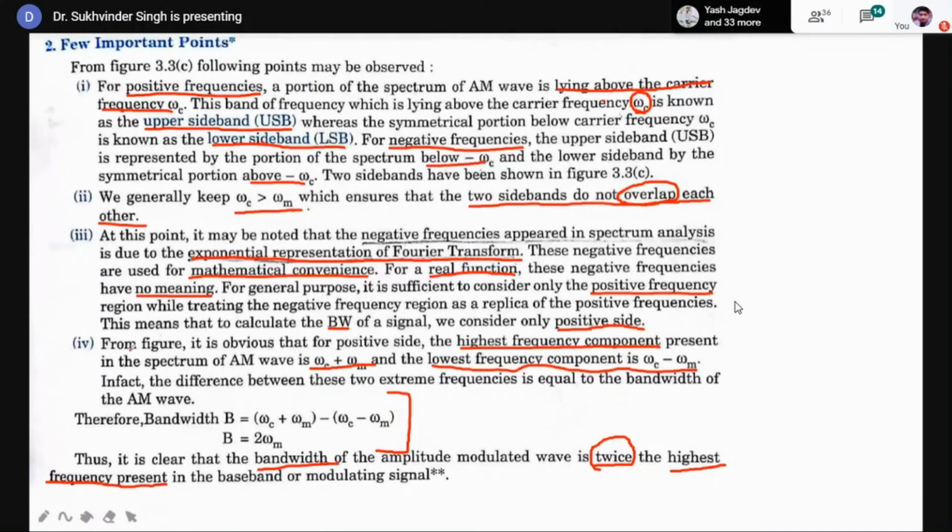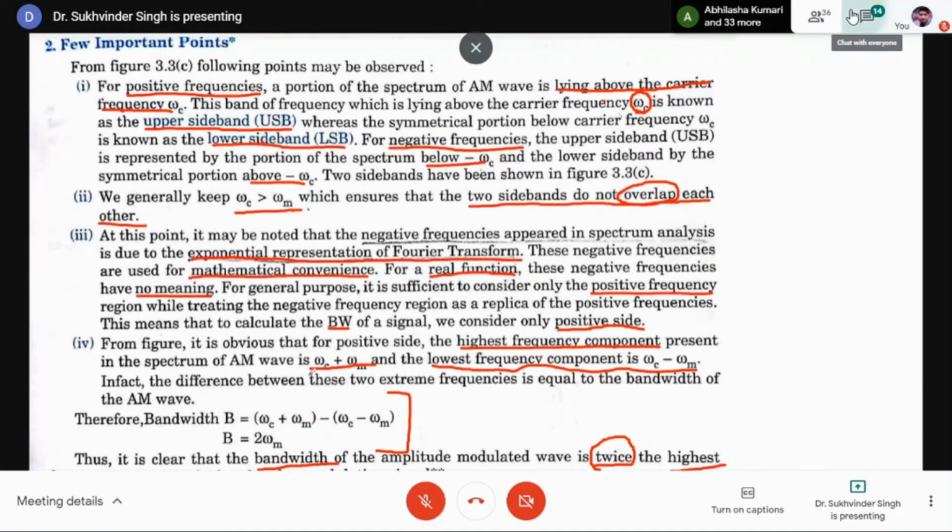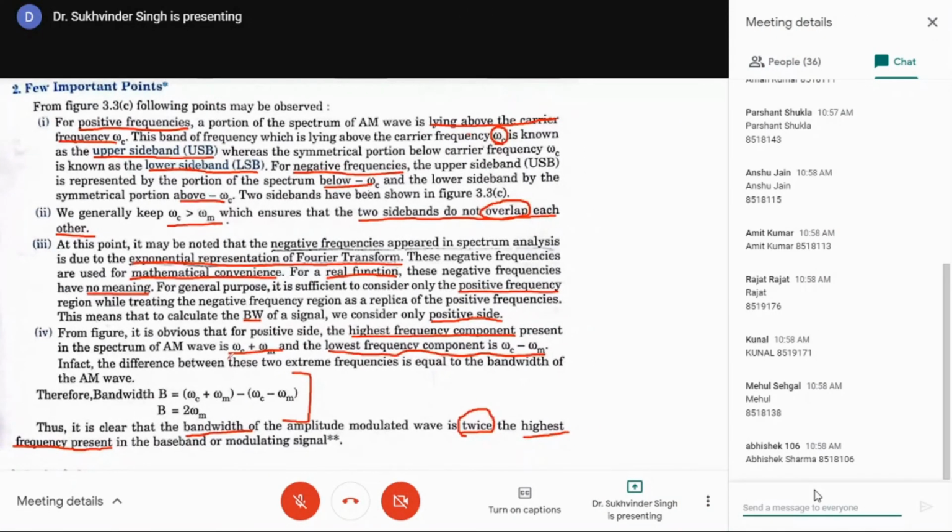Next point, the bandwidth is obtained from the highest frequency component present in the spectrum, which is omega c plus omega m, and the lowest component, omega c minus omega m. We know that we subtract fl, the lower component, from fm, the maximum component, to get the bandwidth.